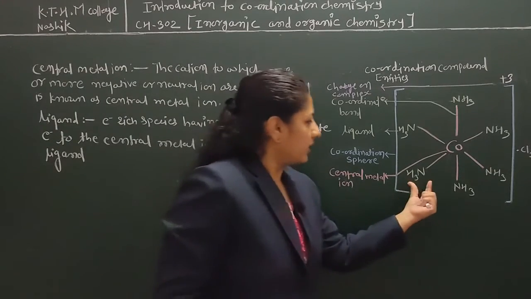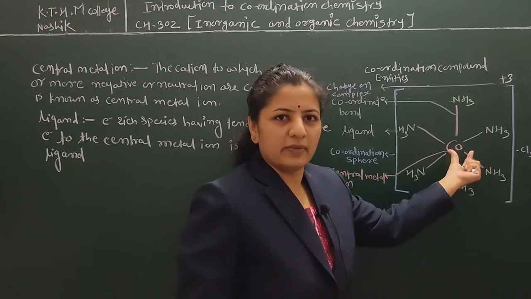So here, ammonia is a ligand. It can donate a lone pair to the central metal ion.